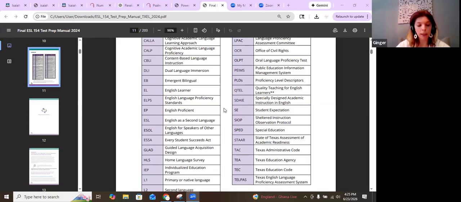And while L1 learning processes cannot be replicated in SLA, Krashen contended that L2 learning could be enhanced by ensuring that learners receive constant comprehensible input in authentic communicative and cognitive interactions. That means they understand what's happening. Some people used to think that just having them around people that speak another language, they'll learn.